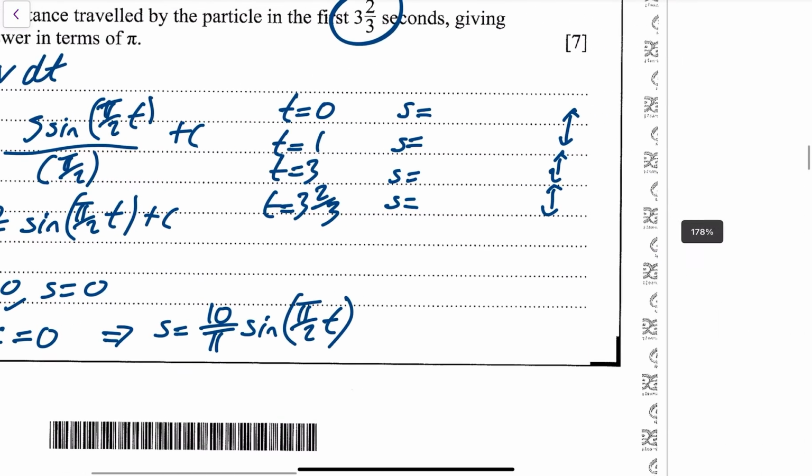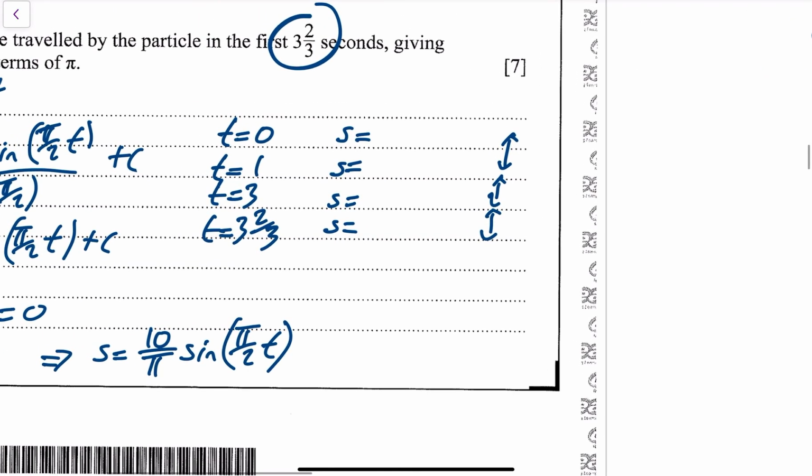All right, so that's what we're working with, and then we're going to have to put these in. So when t equals 0, my s equals 0. When t equals 1, I'm going to just put these in here.